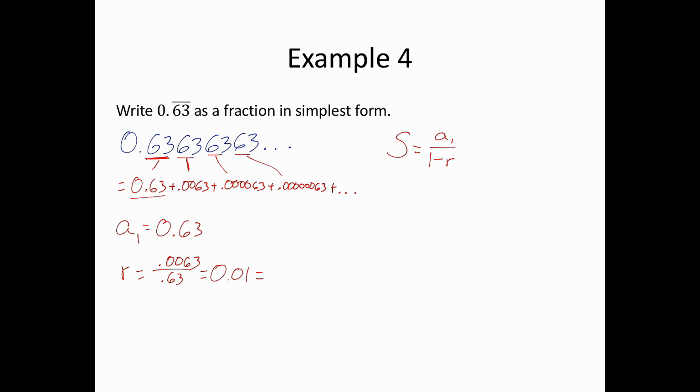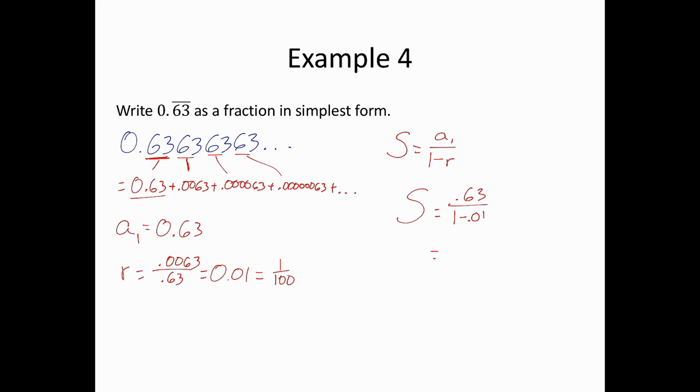If you want to think about that as a fraction, I'm going to do the decimal version and the fraction version of this separately. That's 1/100th. We'll come back to the fraction version later. We're going to focus just on the decimal version for now. So we got S equals first term, 0.63, over 1 minus our ratio, 1 minus 0.01.